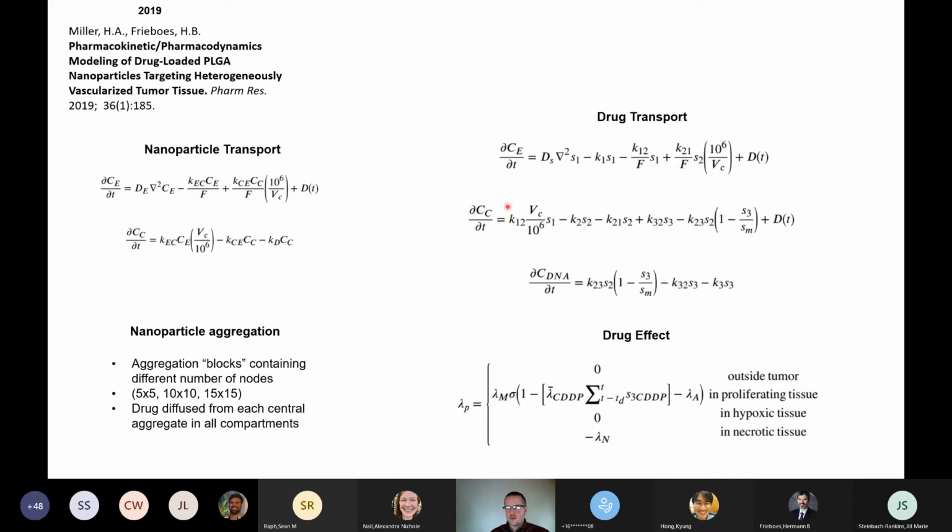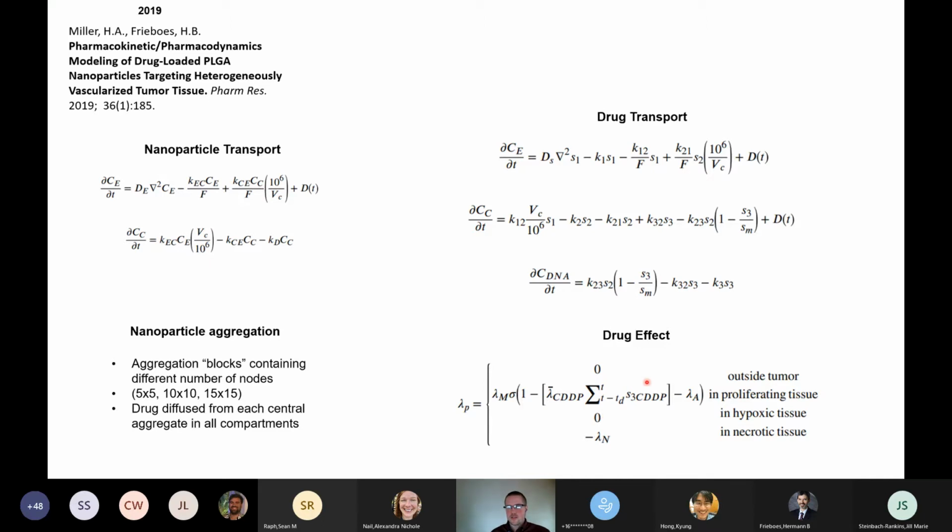Each directional compartment transfer is associated with a unique transfer rate, K. Nanoparticle aggregation was also simulated by modeling aggregation blocks of different sizes, where nanoparticles in the surrounding area are stacked and concentrated onto a single node. Drug effect is modeled by the cumulative DNA-bound cisplatin multiplied by a scaling factor to achieve the desired effect.